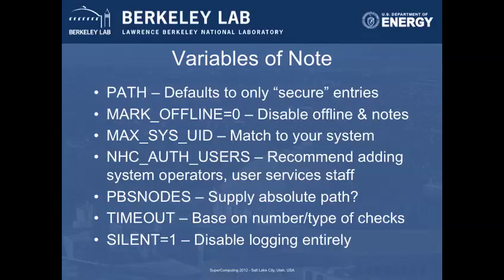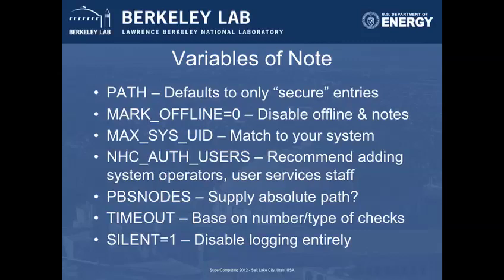Mark offline is a big one. You can set your PBS mom to mark itself down if there's an error. If you prefer to use that, you might want to turn this off. If you set mark offline to 1, which is the default, it will actually go and set the node to be offline in Torque, and will set a note on that.